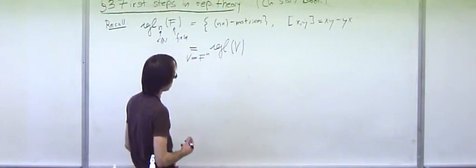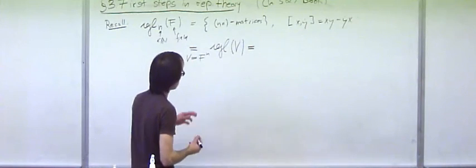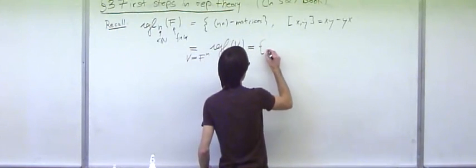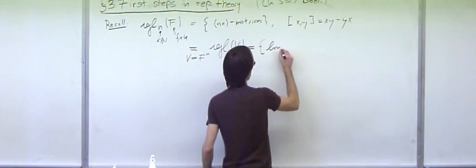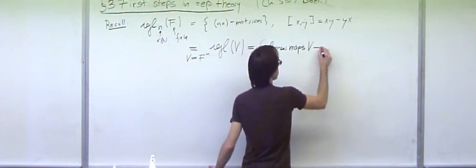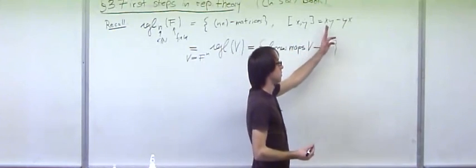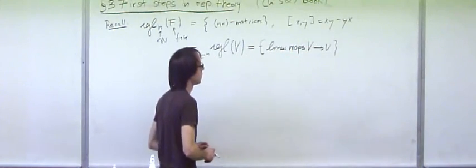So this is a more invariant notation, which does not depend on a basis of V. This is the set of all linear maps from V to V, of course with the same definition of the bracket.